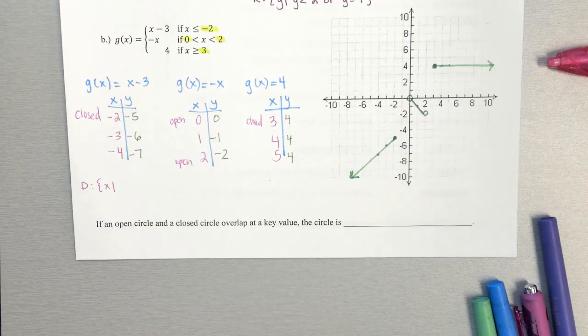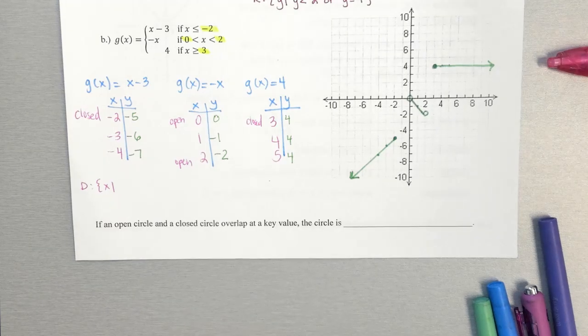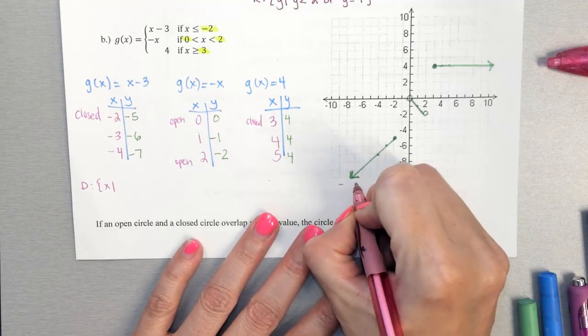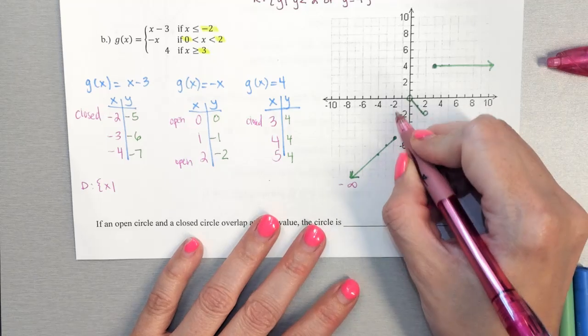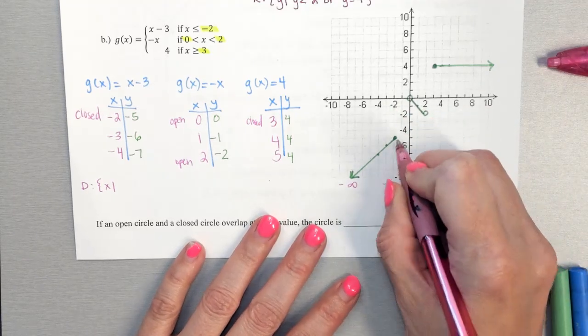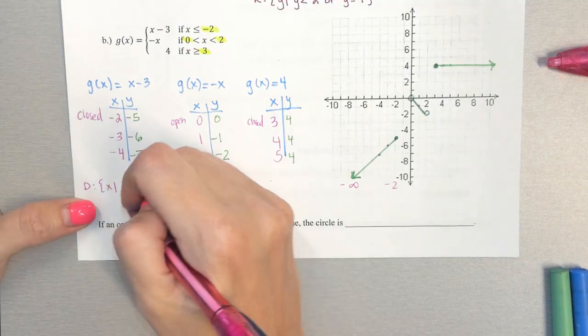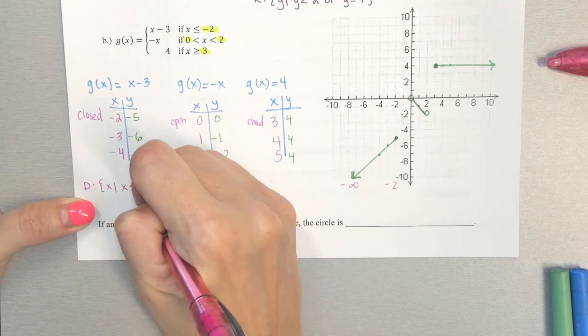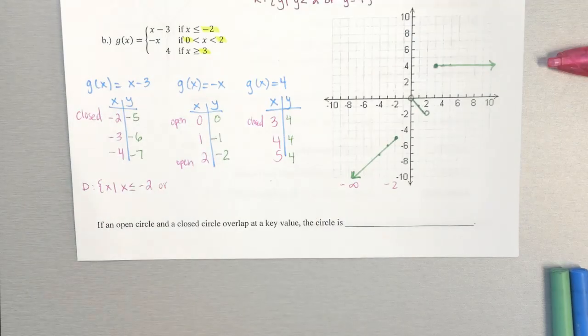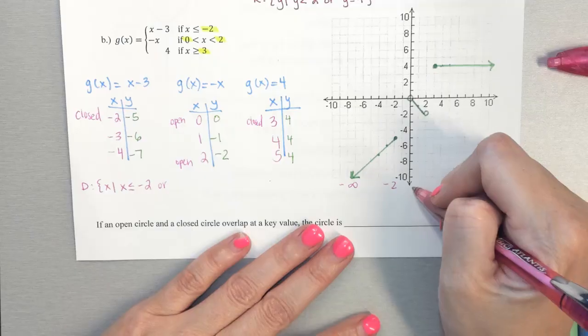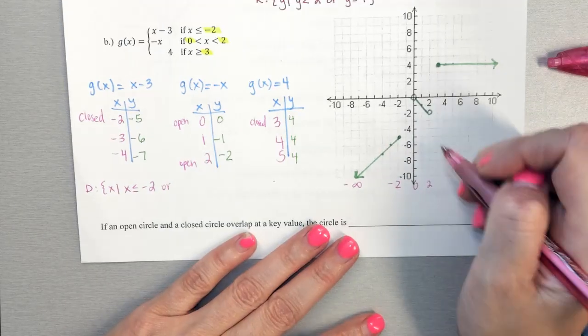Okay, so the lowest x value is negative infinity, and I will write it across the bottom, and then it goes to negative 2, and because it's a closed circle, you're going to have an equal to, so this is going to be x is less than or equal to negative 2, or it's in between 0 and 2.